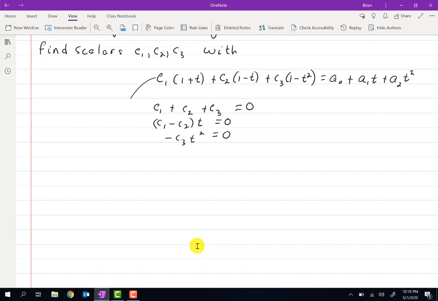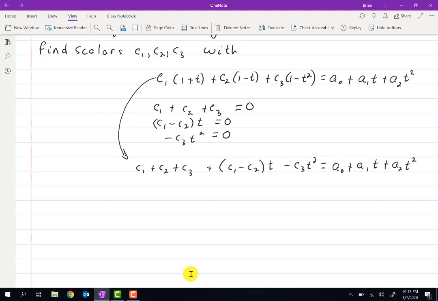If I take this and multiply it all out and just leave it in one row, here's what I would have. I would have C1 plus C2 plus C3 plus C1 minus C2 t minus C3 t squared, and that's supposed to equal a naught plus a1 t plus a2 t squared.